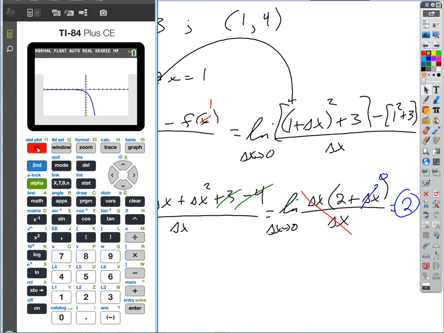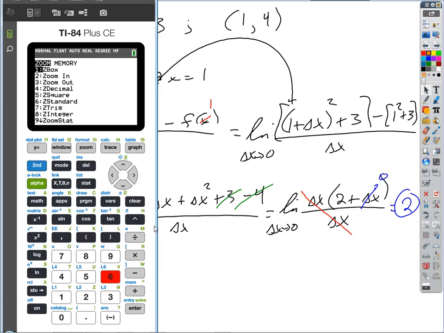We want to make that x squared plus 3, zoom 6, there's my function.